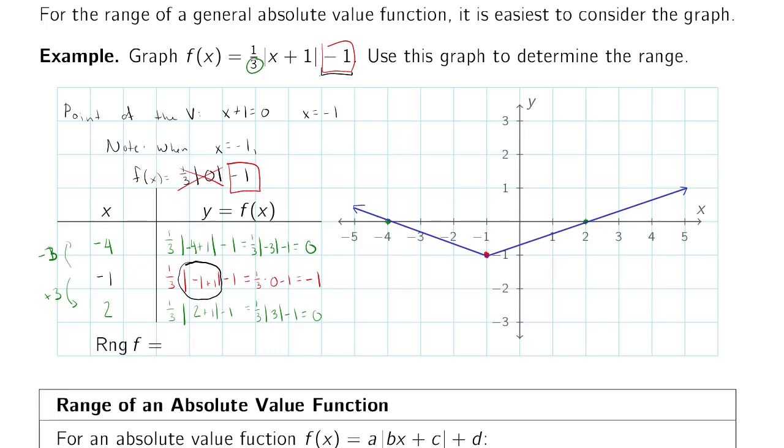And if we go ahead and squish this into the y-axis, we have a bottom here. And then if we were to continue to extend this graph, it would just continue all the way up. So our range here has a bottom at -1 and then goes up to positive infinity.